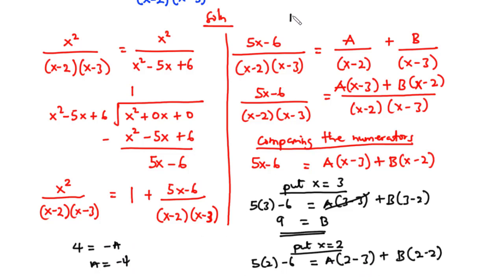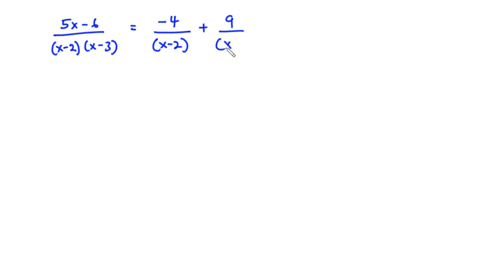We have the value of A to be negative 4 and the value of B to be 9. So in that sense, 5x minus 6 divided by x minus 2, x minus 3 is equal to negative 4 over x minus 2 plus 9 over x minus 3.